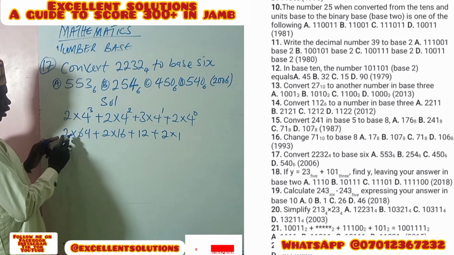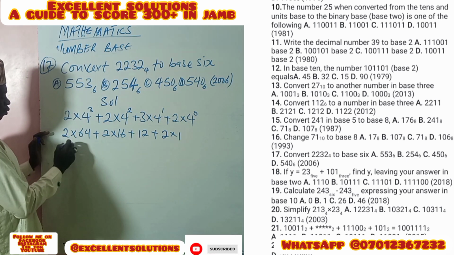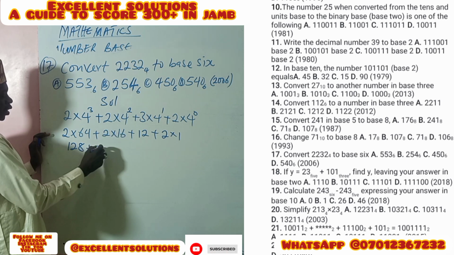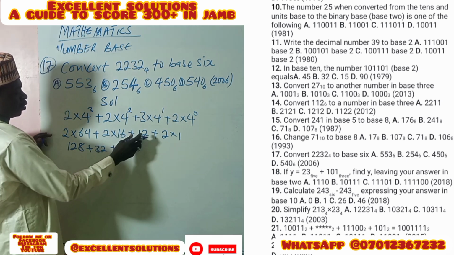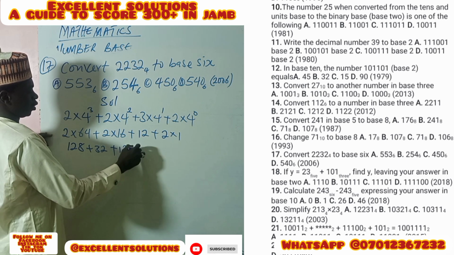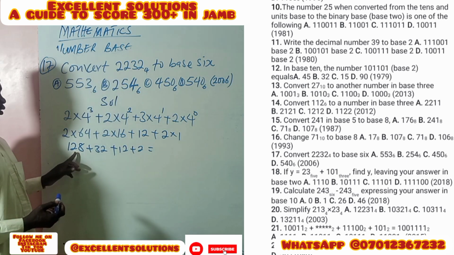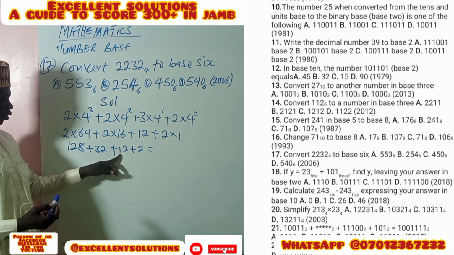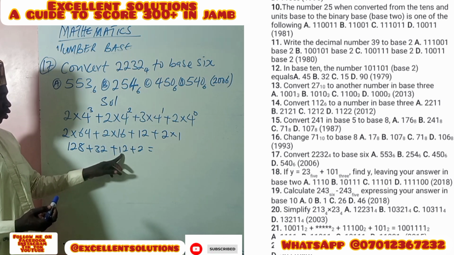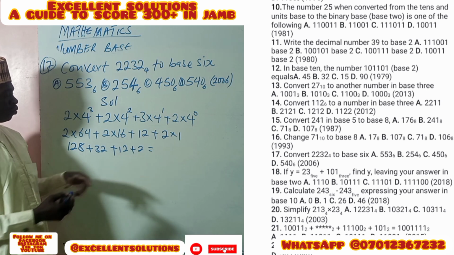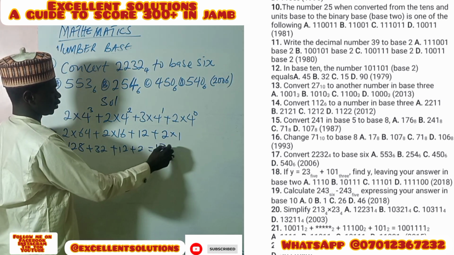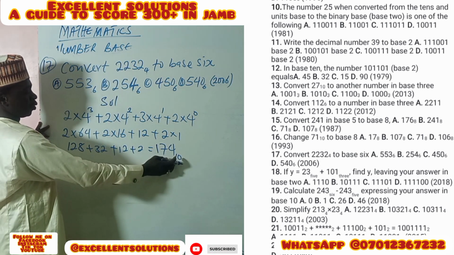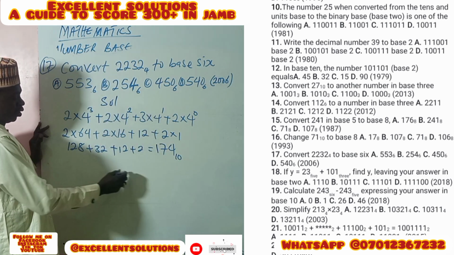So here we have 2 times 64, we have 128, plus 2 times 16, we have 32, plus 12 plus 2. Here we add 128 plus 32, we have 160, plus 12 we have 172, plus 2 we have 174. So 174 base 10. So we convert this 174 from base 10 to base 6.